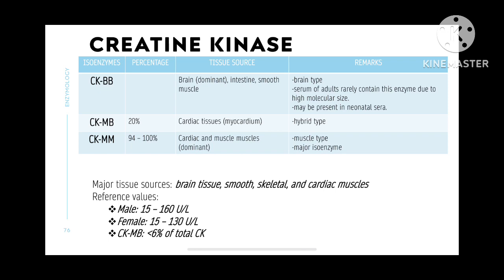The majority of CK activity in heart muscle is also attributed to CKMM, with approximately 20% as a result of CKMB. Normal serum consists of approximately 94% to 100% CKMM, and that means injury to both cardiac and skeletal muscle accounts for the majority of cases of CKMM elevations.